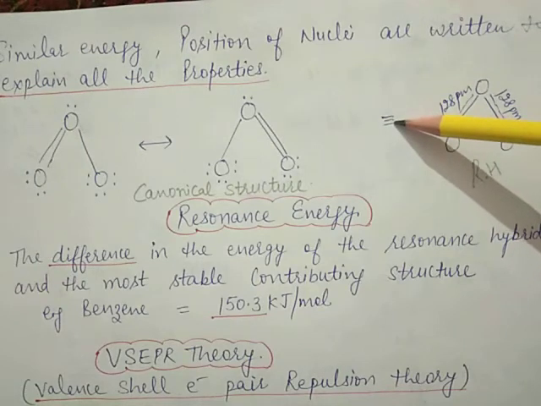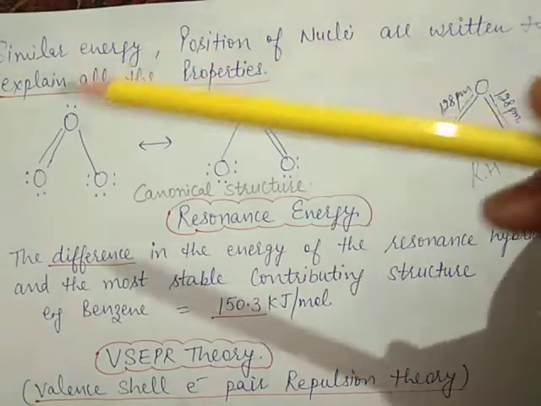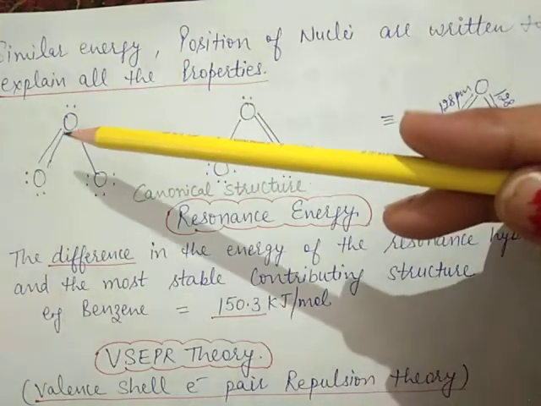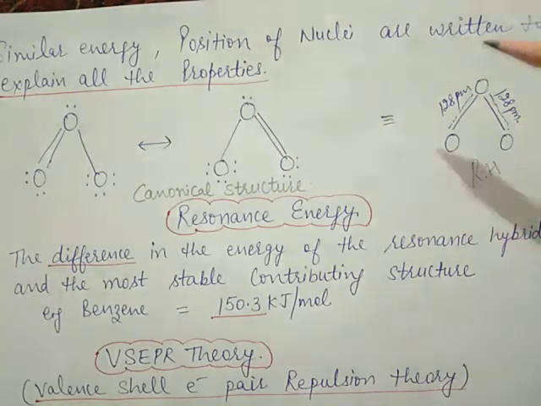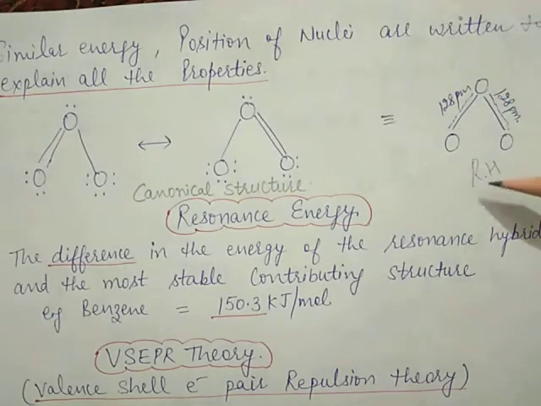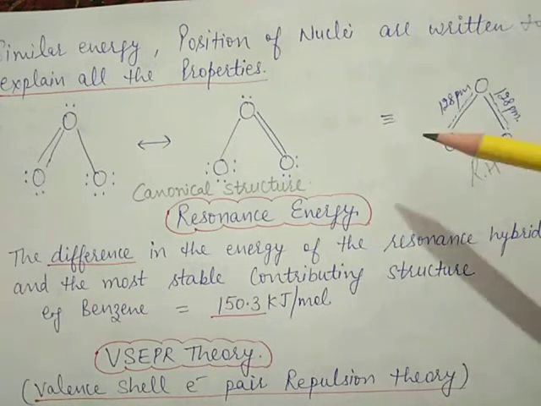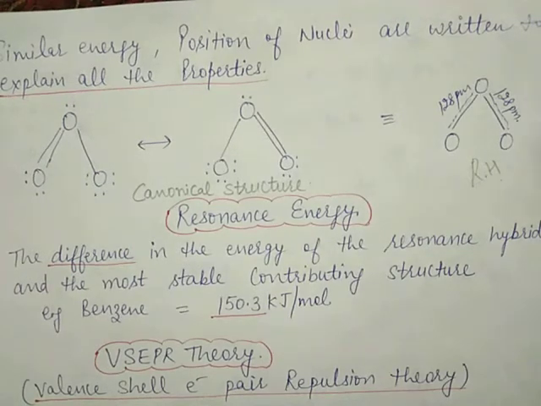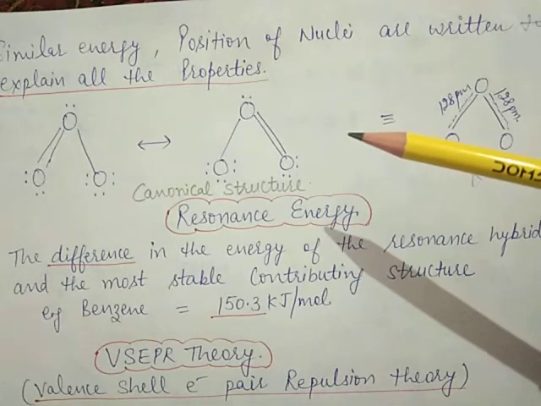In the resonance hybrid, both oxygen bonds have partial double bond character, because in the first structure there is one double bond and in this structure also there is a double bond. So we show it by this resonance hybrid structure. Like this we can easily draw the resonance structure of any molecule.